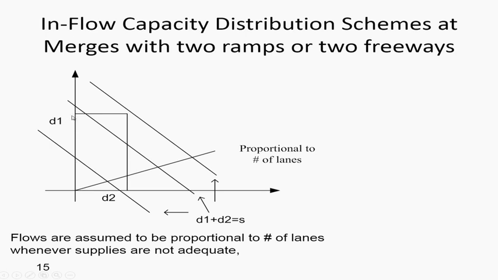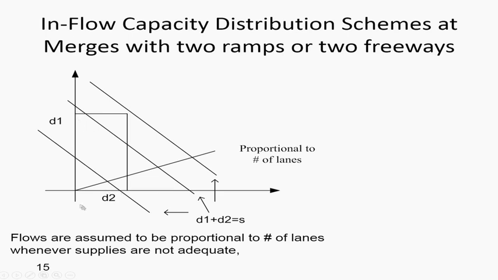So the capacity, so the demand available on D1 is about, say, 3,000 vehicles. On the on-ramp, the demand to be released into this bottleneck is 1,000 vehicles.